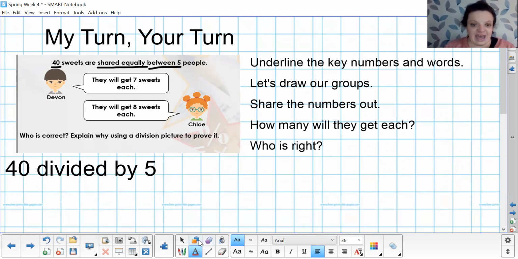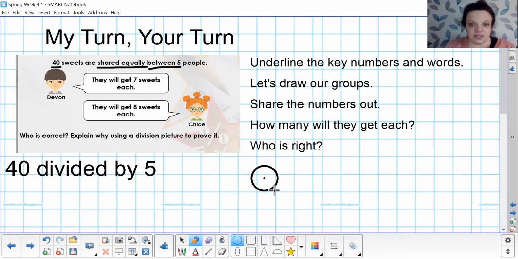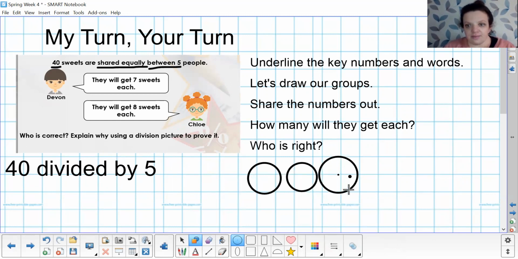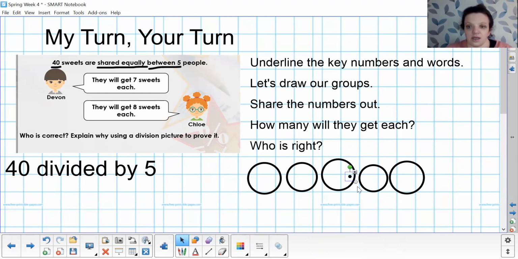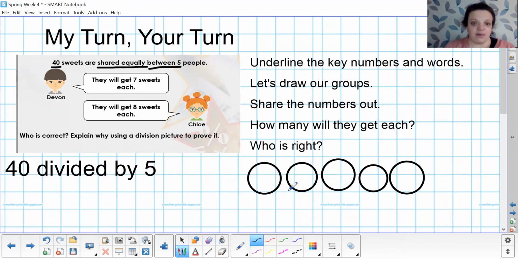So I'm going to draw again, like I did before, my groups. 1, 2, 3, 4, and 5. And then I'm going to share out my 40.